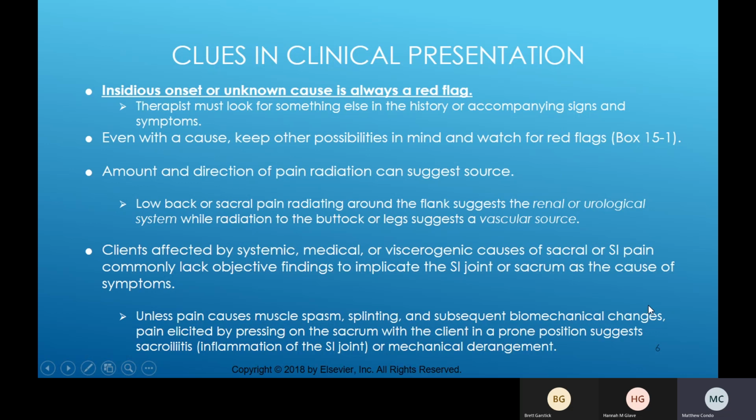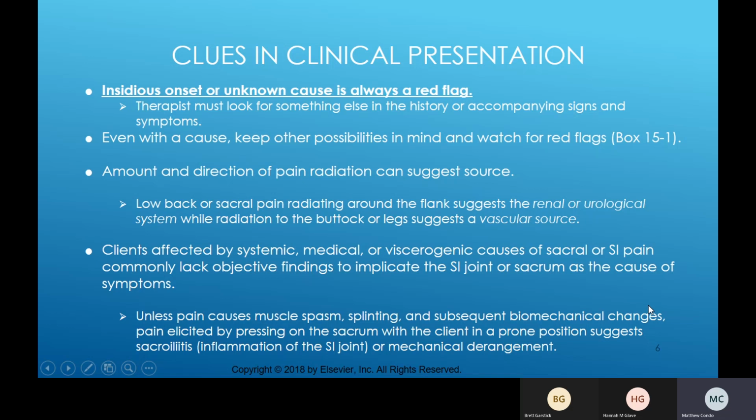So also take a look at when we're looking at patterns, especially when we get into radiation of pain, where does it refer to? Does it go up or does it go down? Or does it go laterally? So think about this.